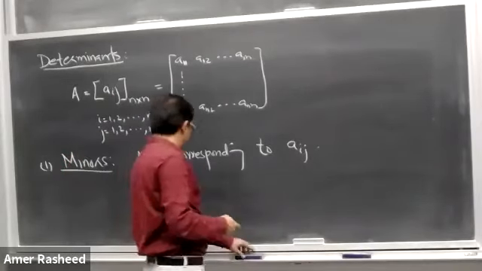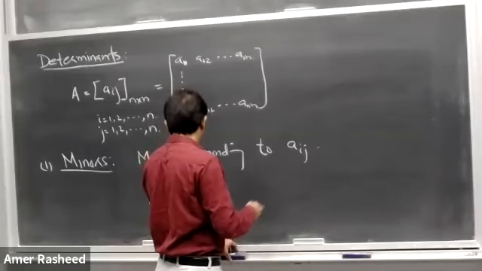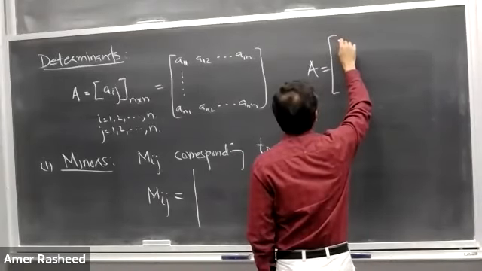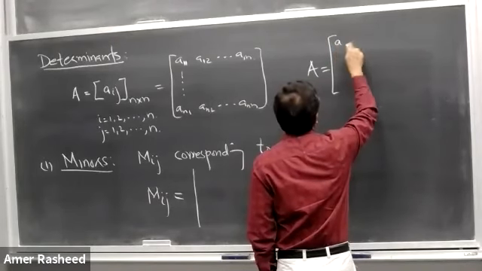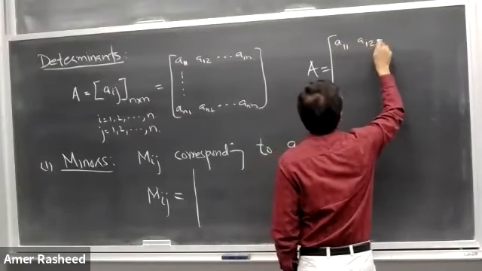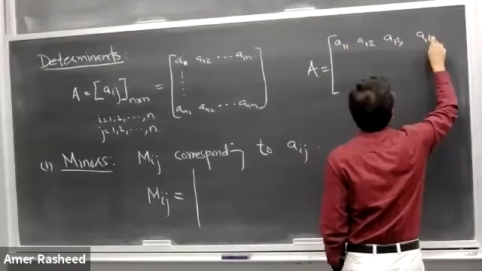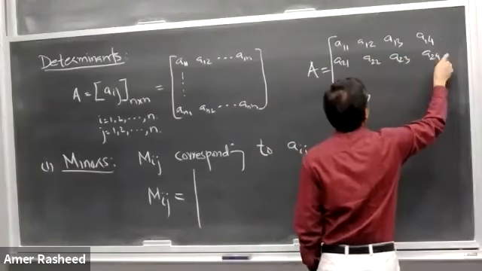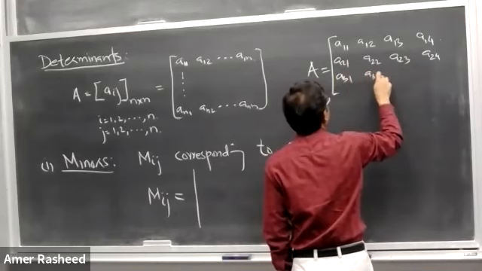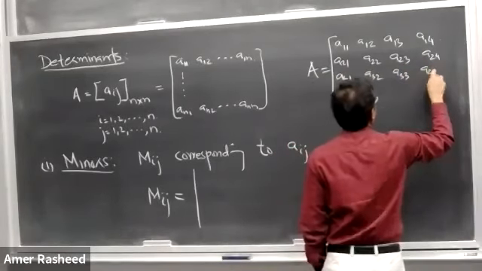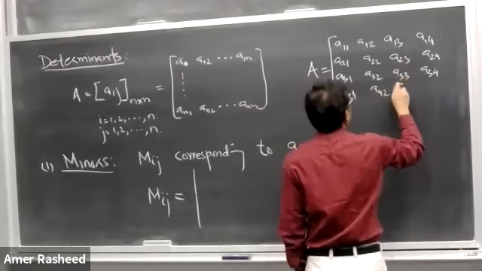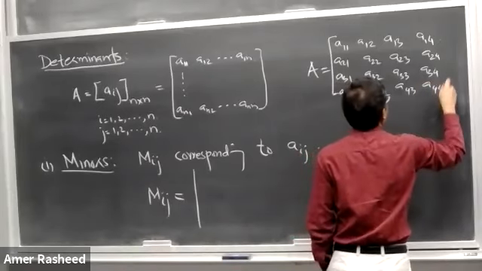In general, for example, let me write a 3 by 3 matrix, or a 4 by 4 matrix: A11, A12, A13, A14, A21, A22, A23, A24, A31, A32, A33, A34, and A41, A42, A43, and A44.